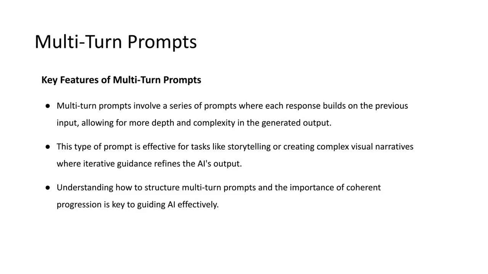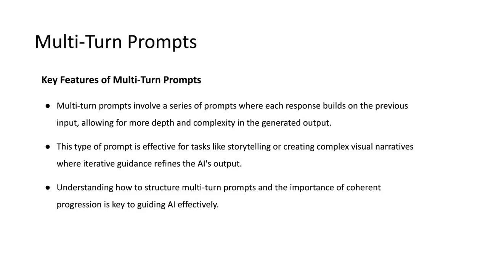Similarly, multi-turn prompts allow you to provide the AI with iterative guidance, refining its understanding of your creative vision. This is particularly effective for tasks like crafting compelling stories or generating intricate visual narratives. With each turn, you can describe specific elements, like character actions or plot twists in a story, or provide details about objects and their relationships in a visual scene.